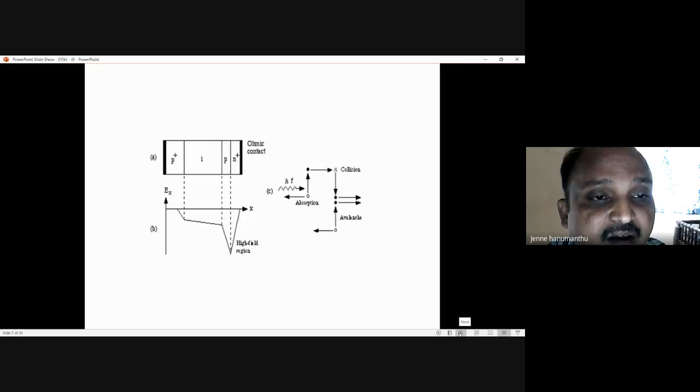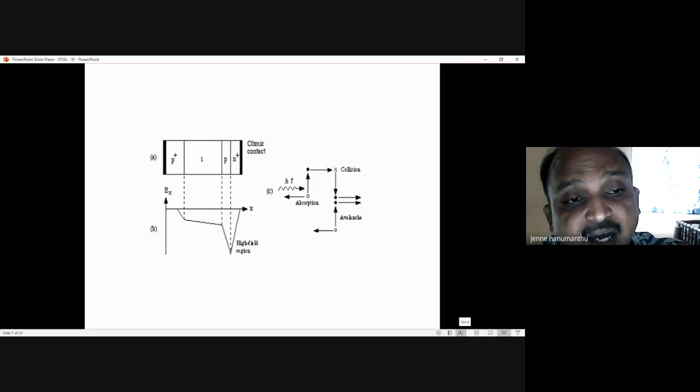When photo carriers are generated, because of the high reverse bias electric field, the electrons collide with other photo carriers and generate more and more photo carriers. Because of electron multiplication, we get maximum photo carriers, maximum photo current, and maximum electrical signal from the APD.